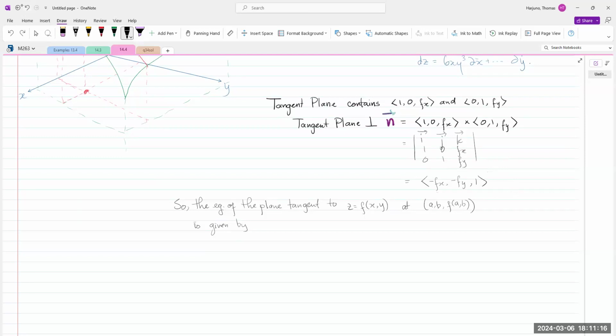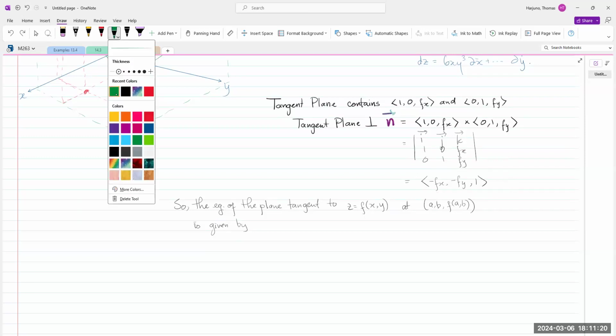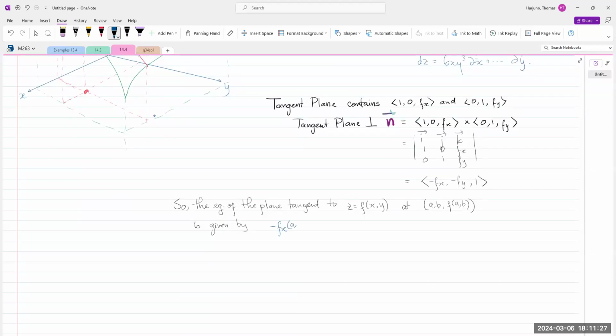So that plane must have an equation negative f sub x at (a,b) times x minus f sub y at (a,b) times y plus z equals d.